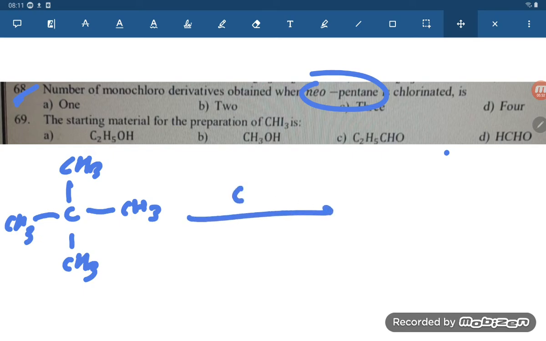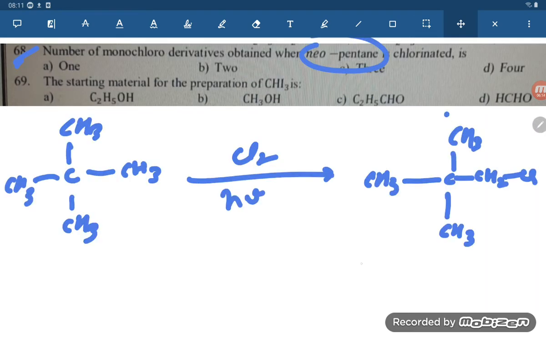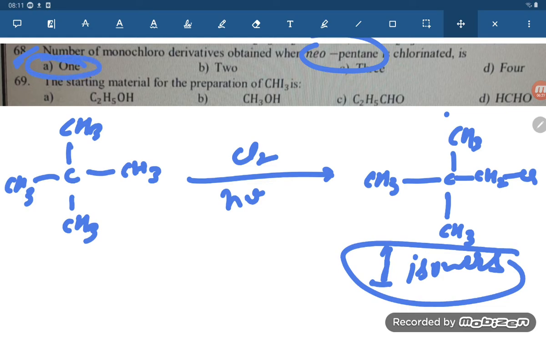You are doing the chlorination, student, with Cl2 and light. So if it removes a hydrogen from the CH3, you get a carbon with CH3, CH3, CH3 and CH2Cl. Anywhere you remove hydrogen and put chlorine, you will get the same product, student. So the monochloro derivative of neopentane gives only one isomer. So the correct option will be option number 1.